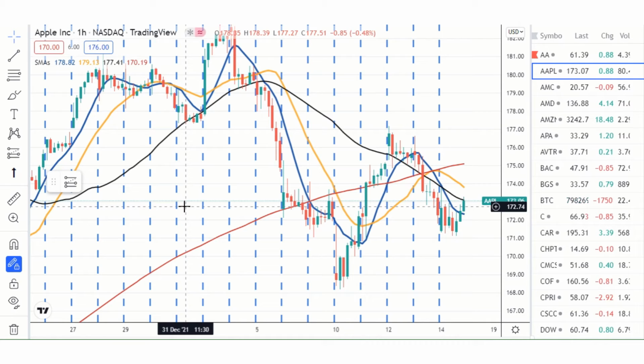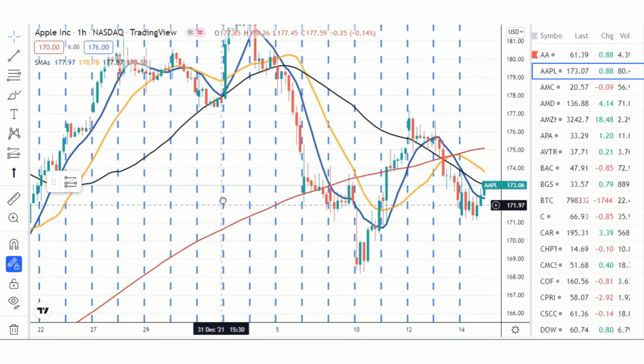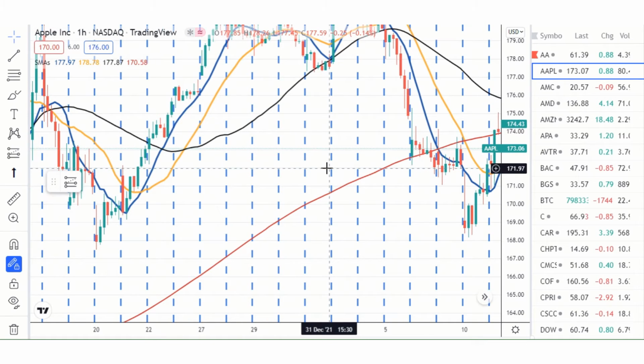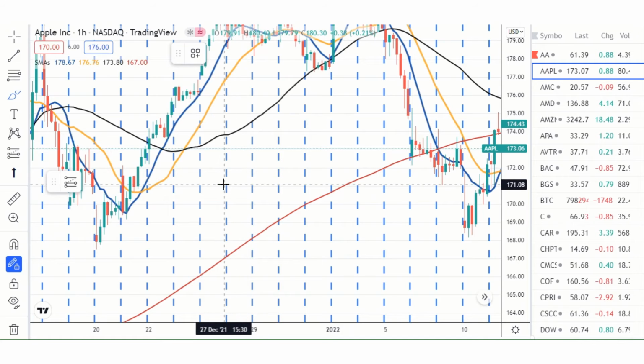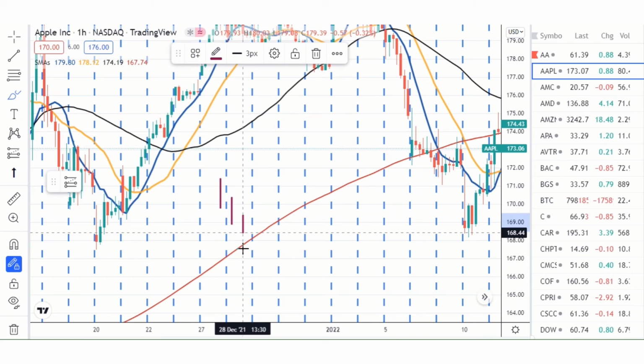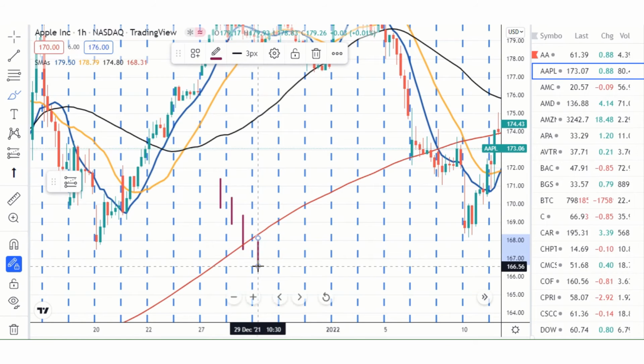So let's look at the morning star. The morning star is a pattern that indicates your trade is going to be going up. It looks something like this. I'm going to draw it here on this graph. You're going to have some candles going down.